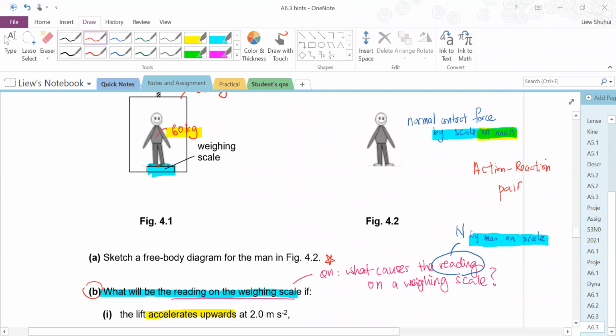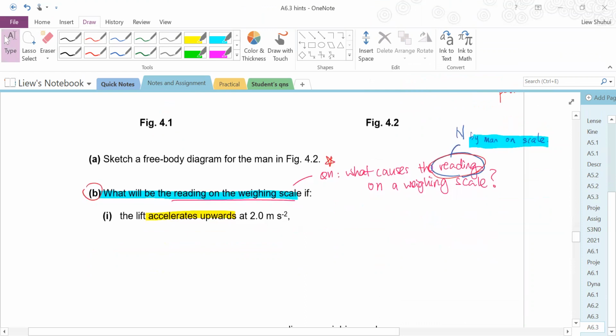So what it means is, if you can find a numerical value of this, let me call it N, then you will know the reading on the weighing scale, because they should be numerically equal in magnitude.